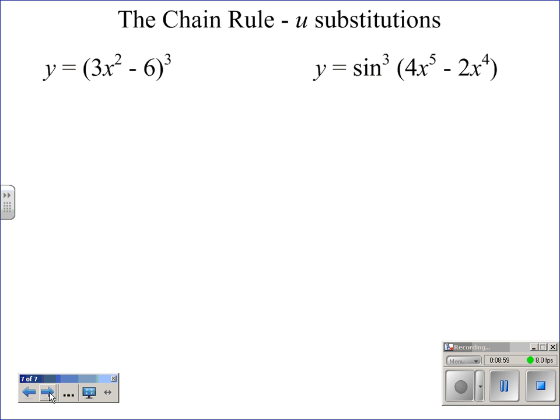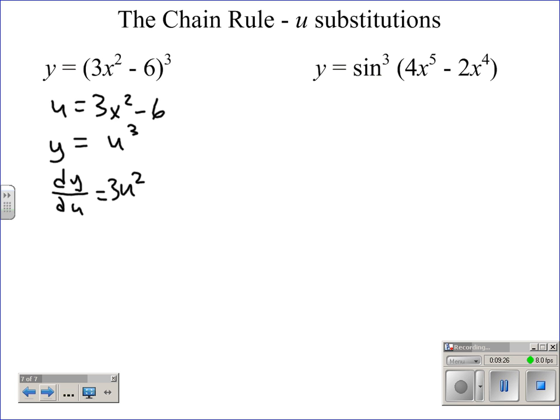To find the derivative of a composition of functions, you can use a u substitution. This means you say that the inside function is u, and the outside function is y in terms of u. Then you find the derivative of y with respect to u, and the derivative of u with respect to x, and then multiply them together.